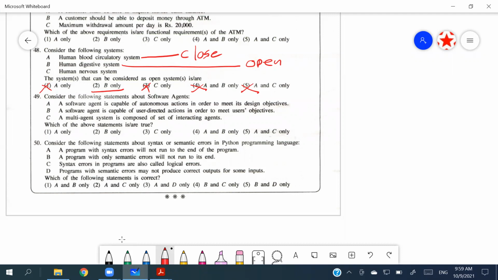The program with only semantic errors will not run to its end. People, just a second. I need to refer to what's going on with the semantic. Yeah, I'm sorry, it's my bad.